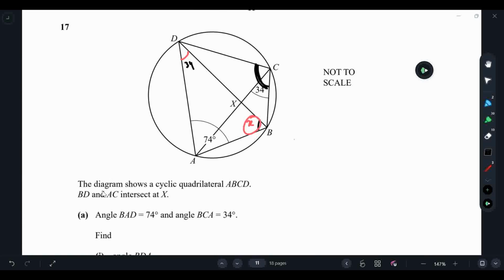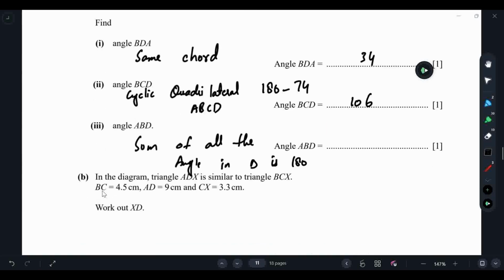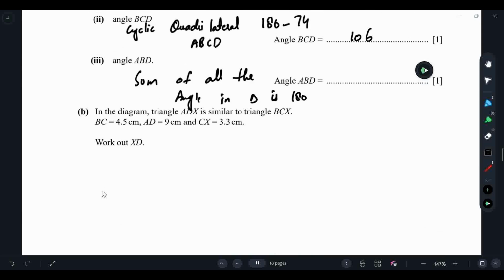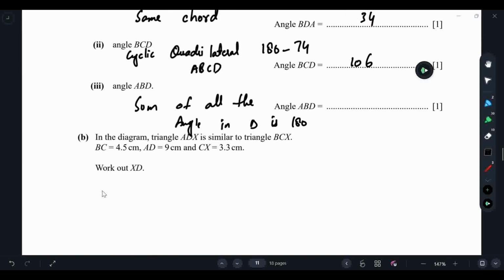So x will be equals to 180 minus 74 minus 34. So x is equals to 106 minus 34, which means this will be equals to 72. So this will be 72.